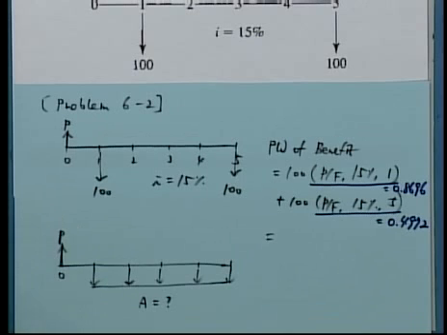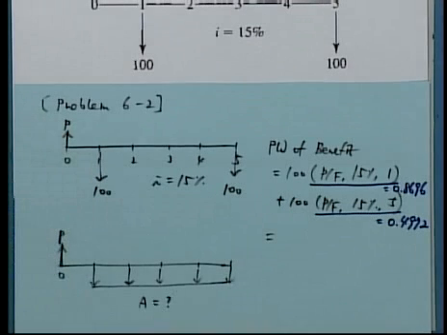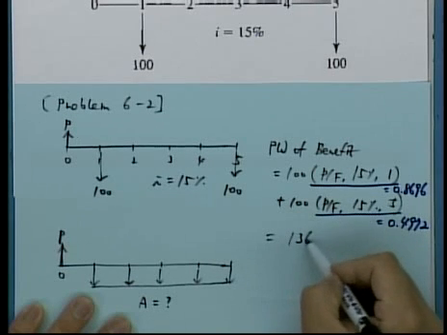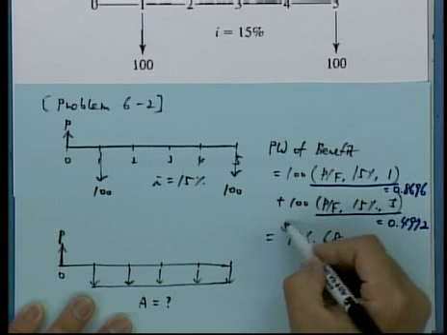Then how much is the present worth of benefit? Right here, this is $136.68.